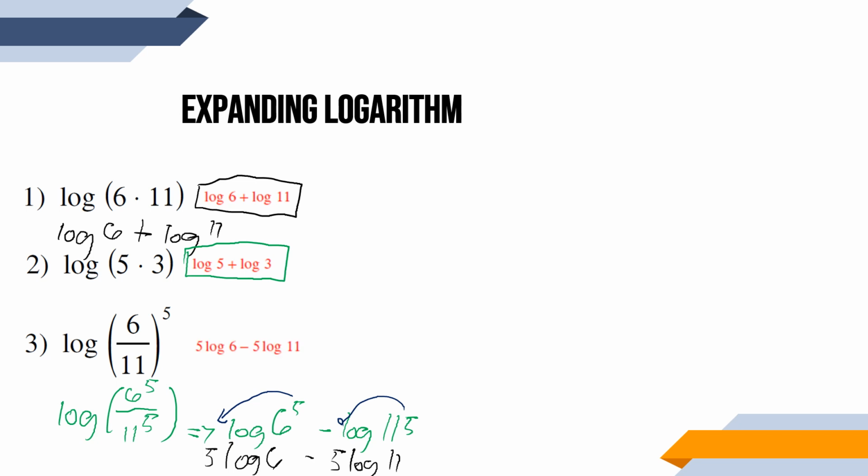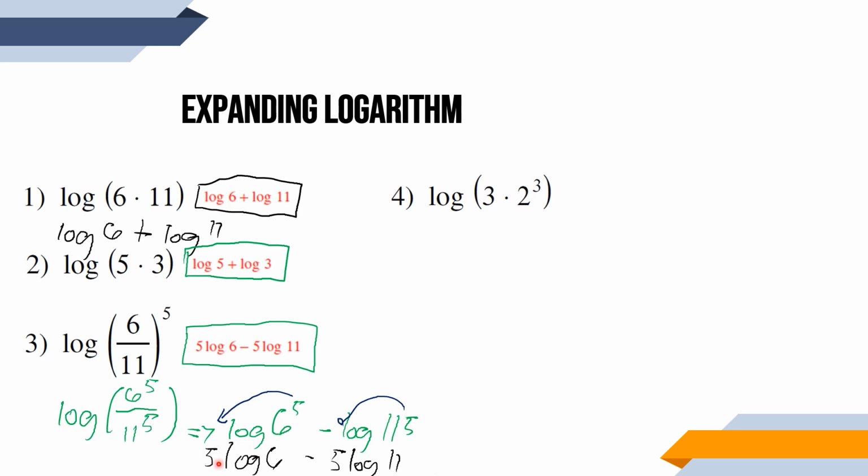That will be our answer. Let me just box this. So the answer is 5 log of 6, with base 10, minus 5 log of 11, with base 10 as well. Number 4.